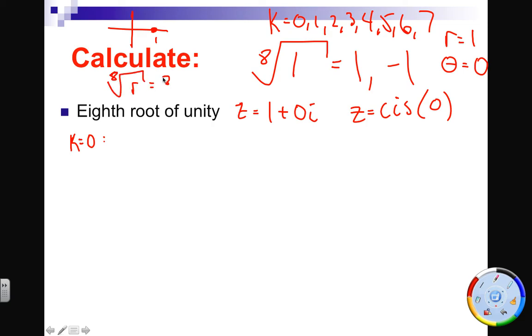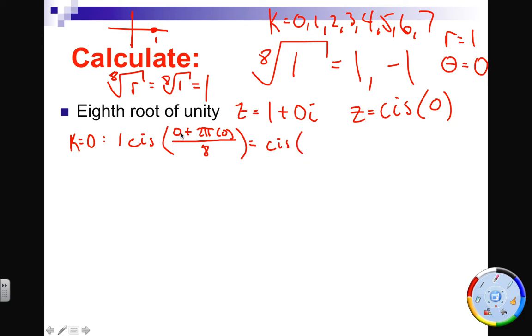The 8th root of r is the 8th root of 1, and what we use here is just the common root, so it's 1. So the 8th root of r is just 1 times the CIS of theta. You just follow the formula. Theta is 0 plus 2 pi times 0 over 8, which is CIS.